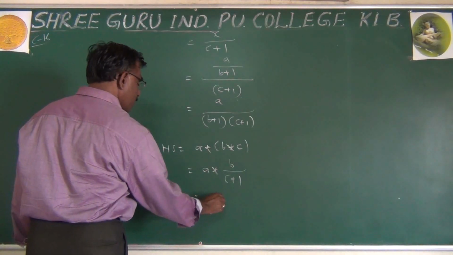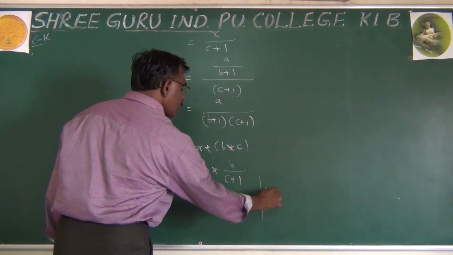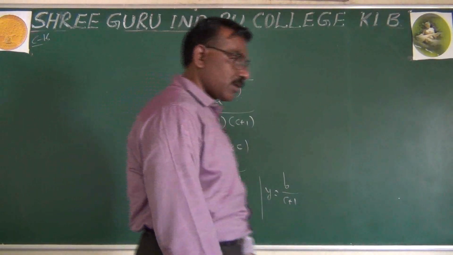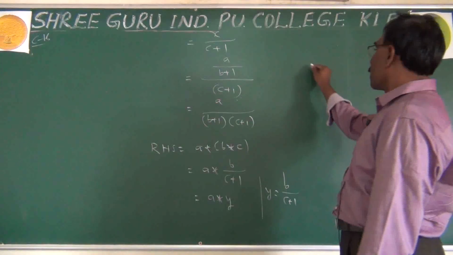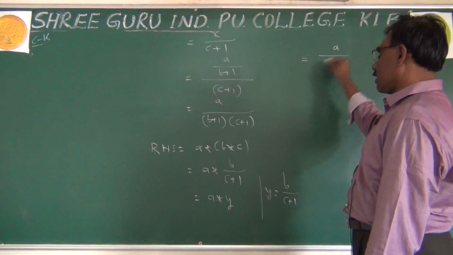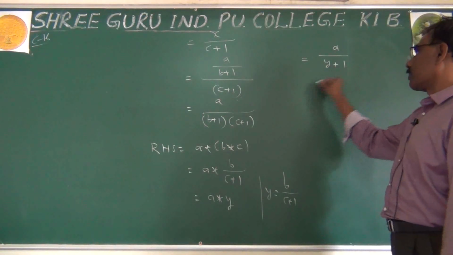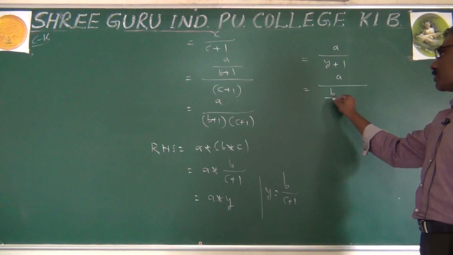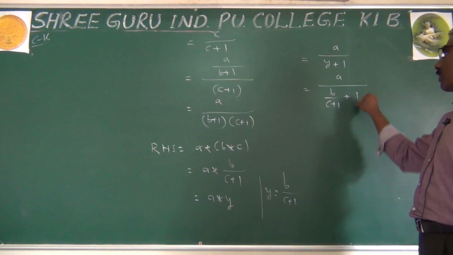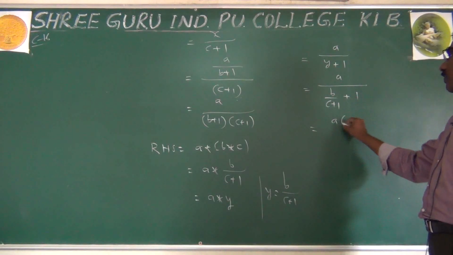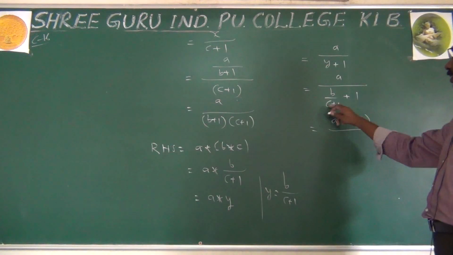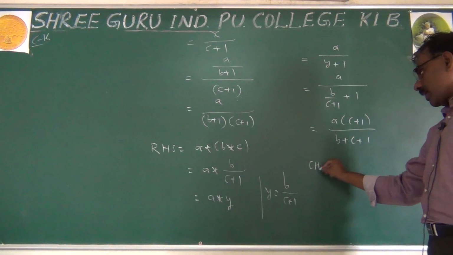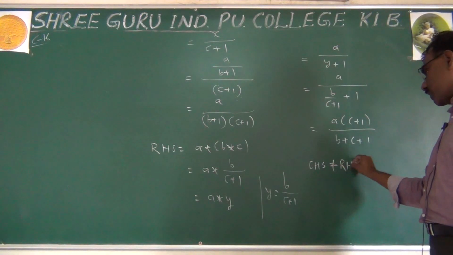Now a star y, where y value is b by c plus 1. a star y is a by y plus 1, so a by b by c plus 1 plus 1. Taking LCM, a into c plus 1 by b plus c plus 1. So LHS is not equal to RHS.